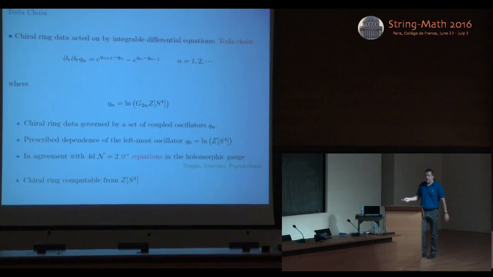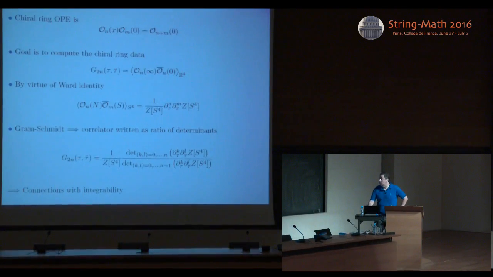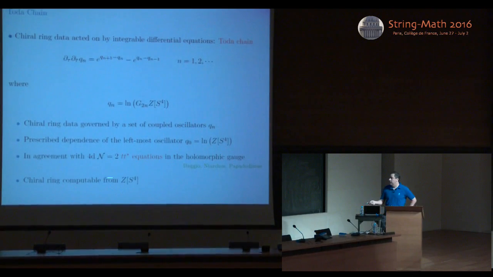Of course, the tt* equations do not tell you what the answer to the problem is. You still have to find a solution, and the S4 partition function is giving you the right solution to the problem, okay? So what I essentially have shown you is that for this particular example, if you know how to compute the S4 partition function, which we know, you have an exact solution for the chiral ring.